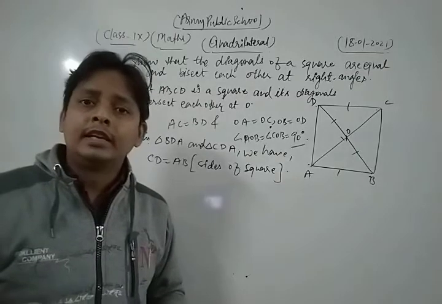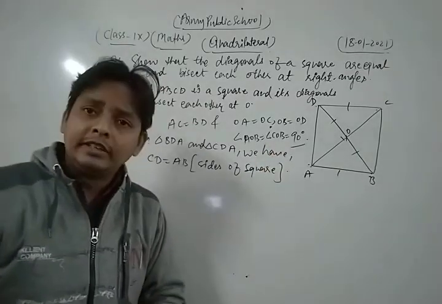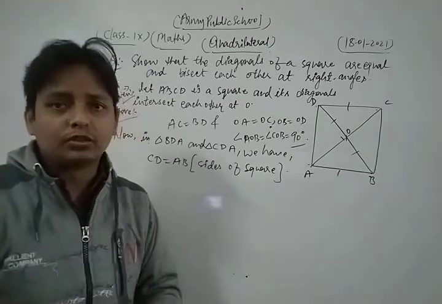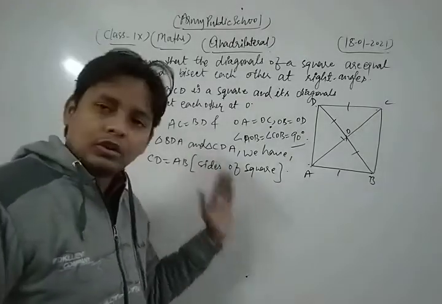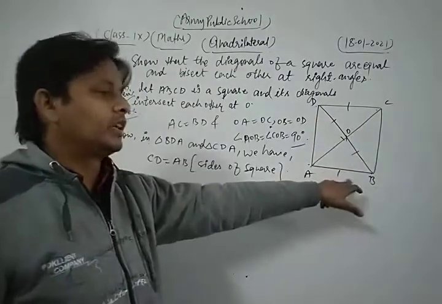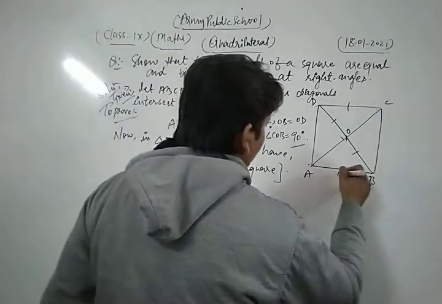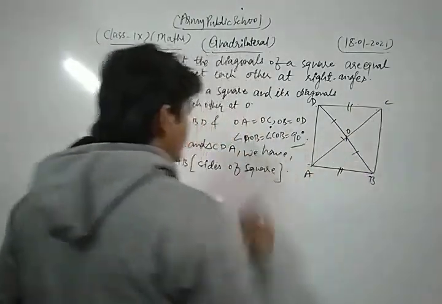You know very well that in a square all sides are equal to each other. So by the property of a square, CD is equal to AB.